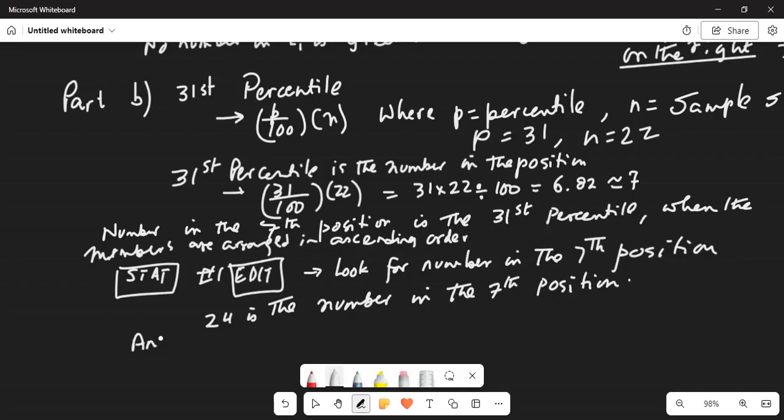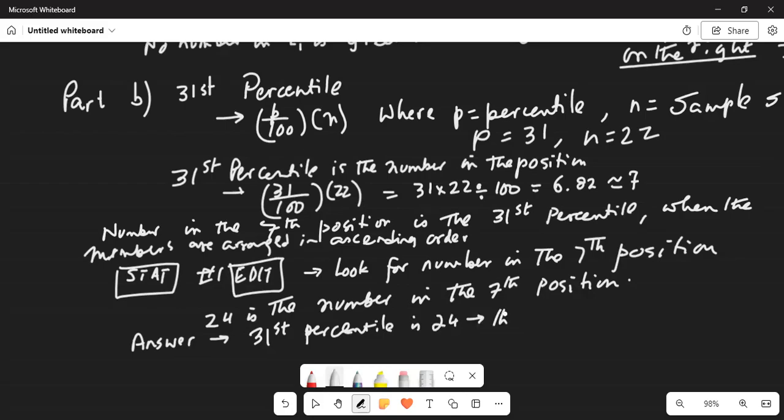The answer is, the 31st percentile is 24.